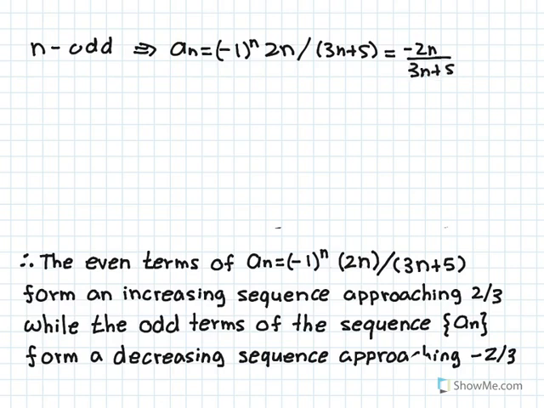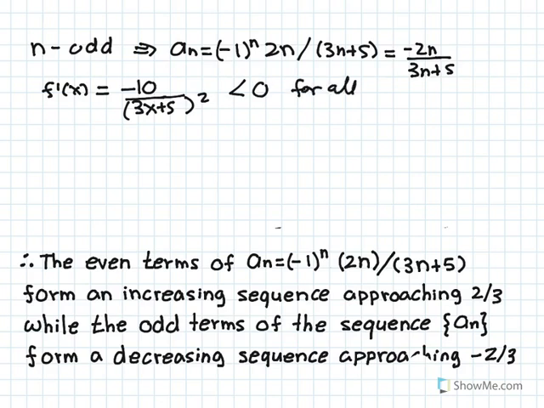By the same reasoning as before, we can use the derivative and show that f prime of x is equal to minus 10 divided by (3x plus 5) all squared, and the derivative is negative for all x larger or equal to 1.